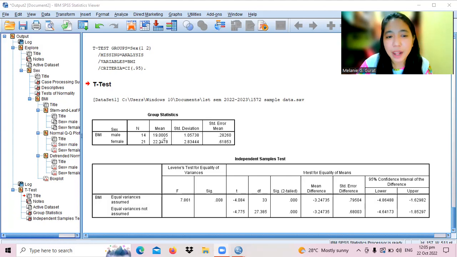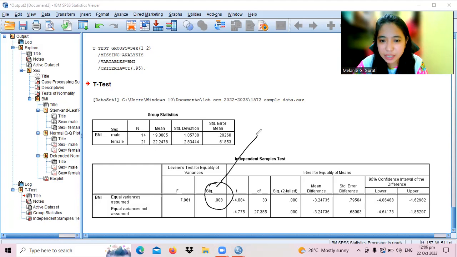Just like the value of the mean here, we know that the BMI of female is higher than male, but we cannot conclude that it is already significantly higher. That's actually the reason why we are using the t-test for independent samples, because that is what we really want to know: if the difference is significantly higher or not. Now, the Levene's test result for the p-value is this one.